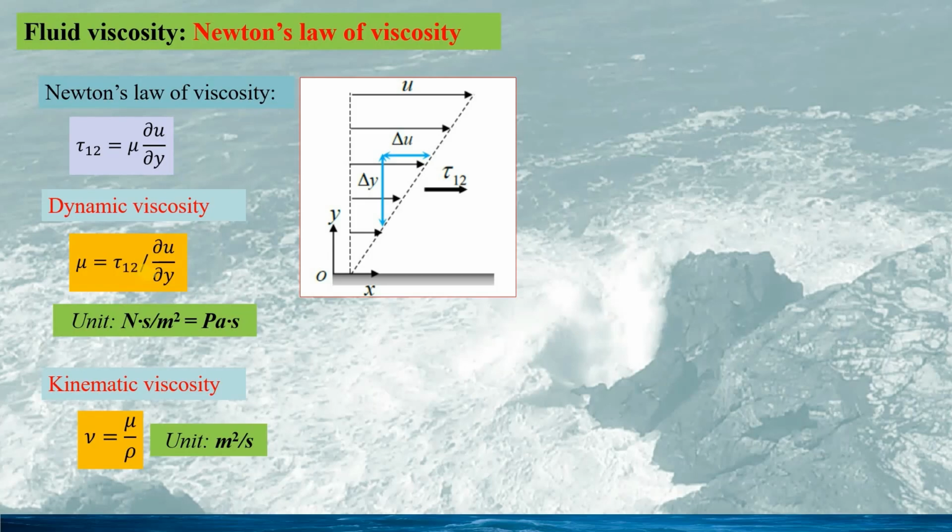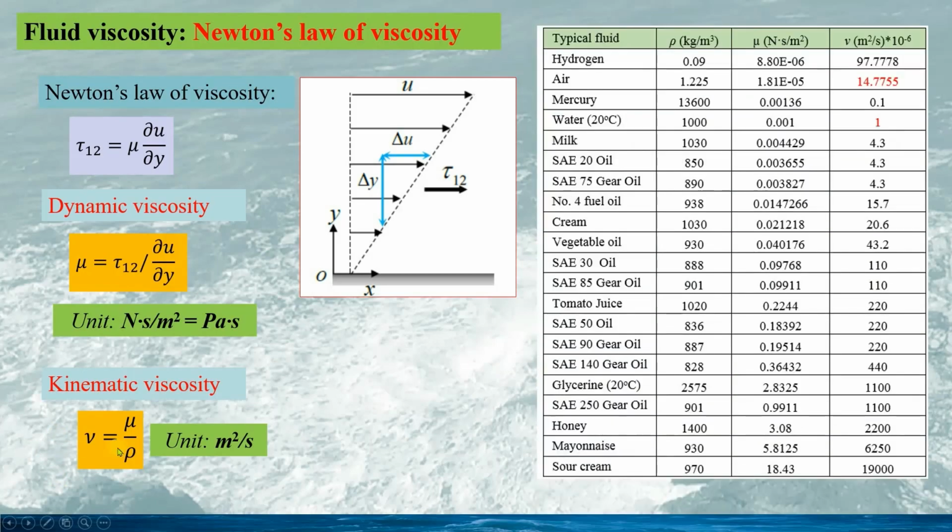However, in fluid dynamics, a more useful viscosity is called the kinematic viscosity, nu, defined as the dynamic viscosity mu divided by the fluid density as this. Here we list some common fluids. If we compare water and air, we can see the dynamic viscosity of water is much higher than air.